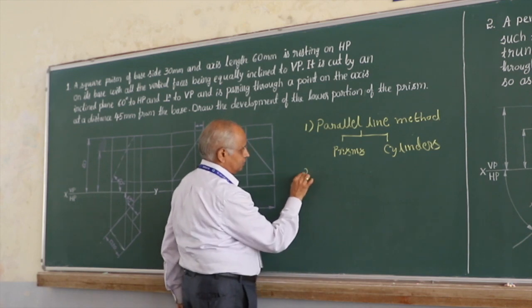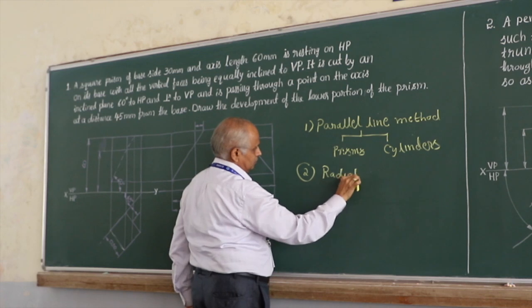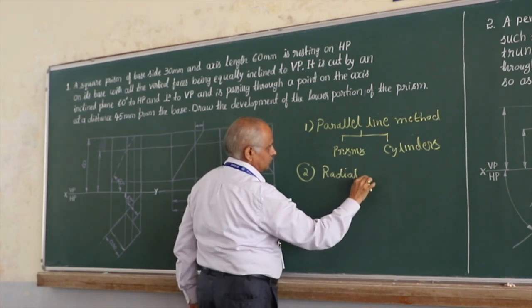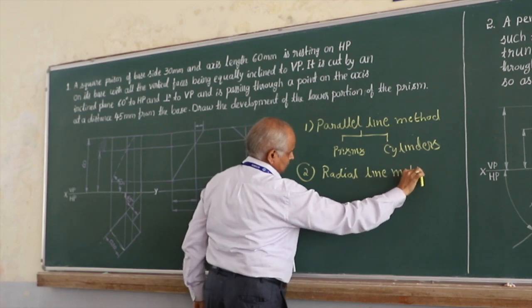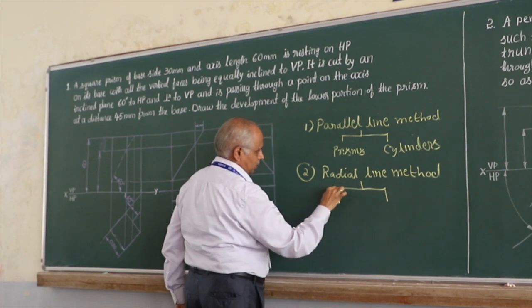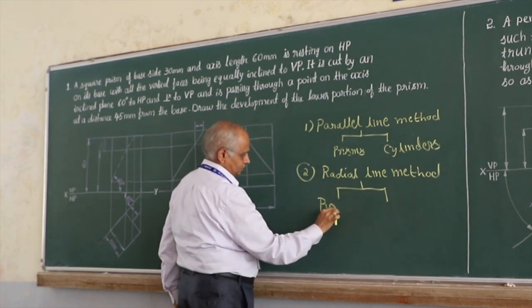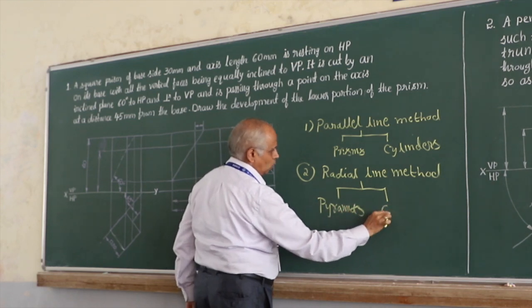The second case is the radial line method. And this is applicable to pyramids and cones.